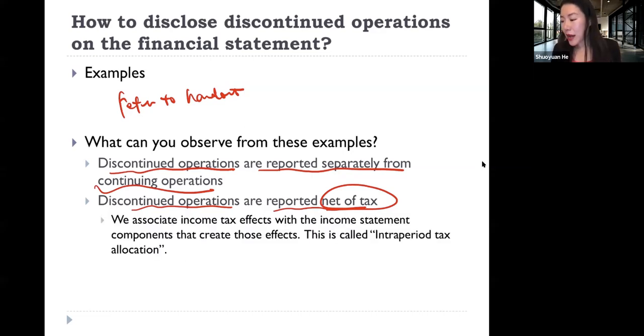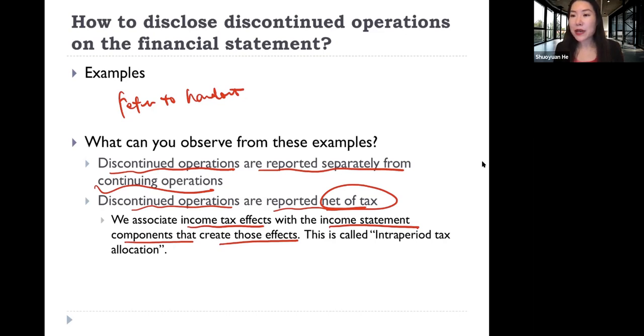And then we need to separate the income tax effect with the income statement components that create those effects. So there is income tax expense associated with income from continuing operation. And then income from discontinued operation has its own income tax effect.